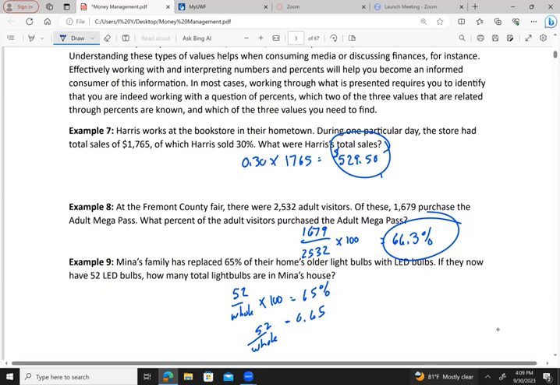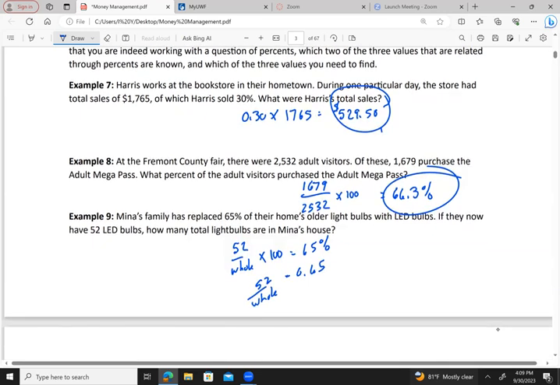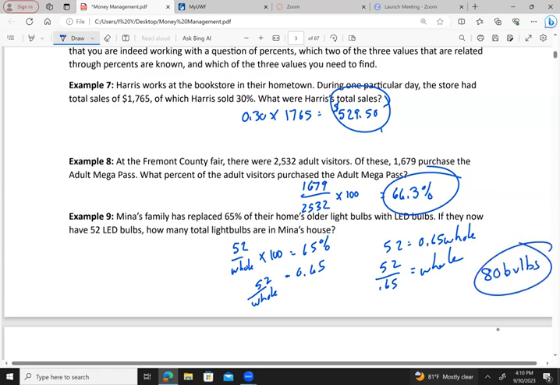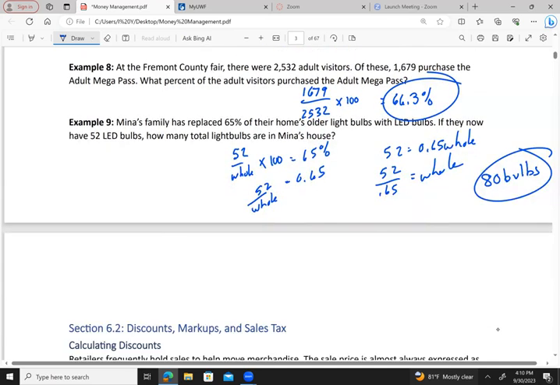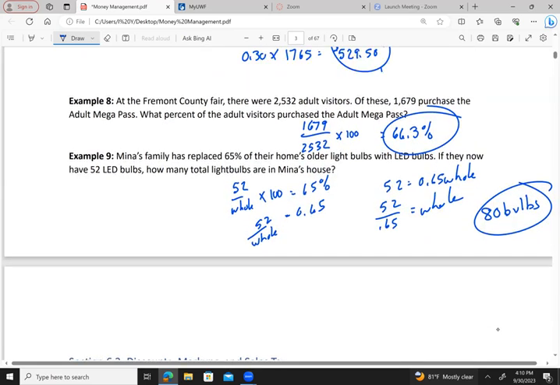So we multiply and we get 52 equals 0.65 times the whole amount. Then we divide. The whole amount equals 52 divided by 0.65. And that would be 80 bulbs. And that finishes section 6.1.